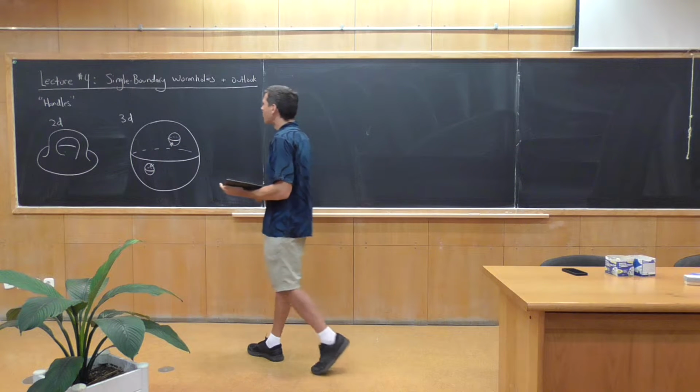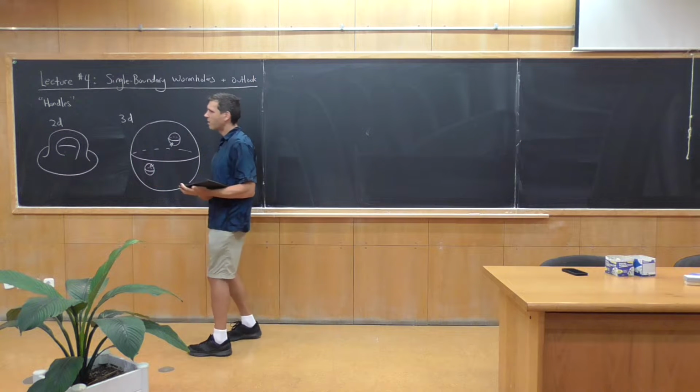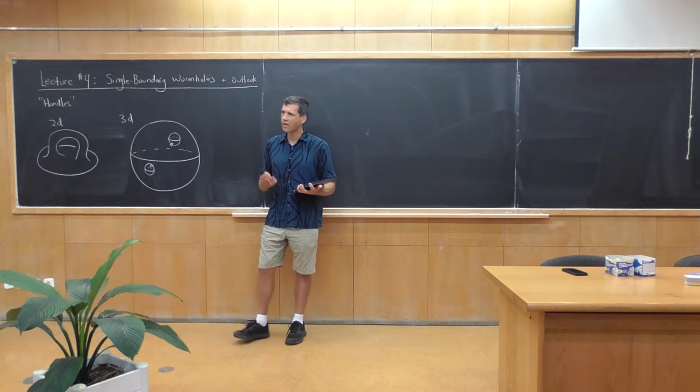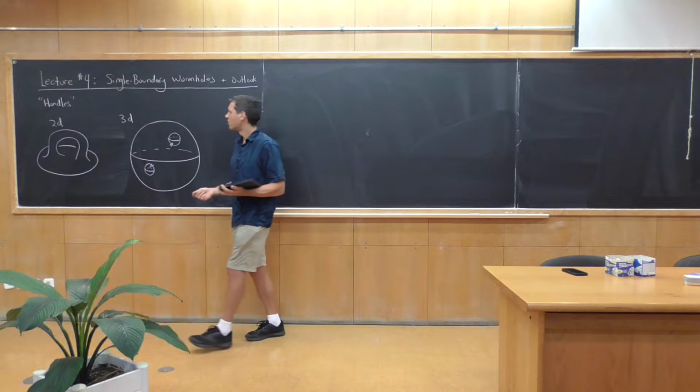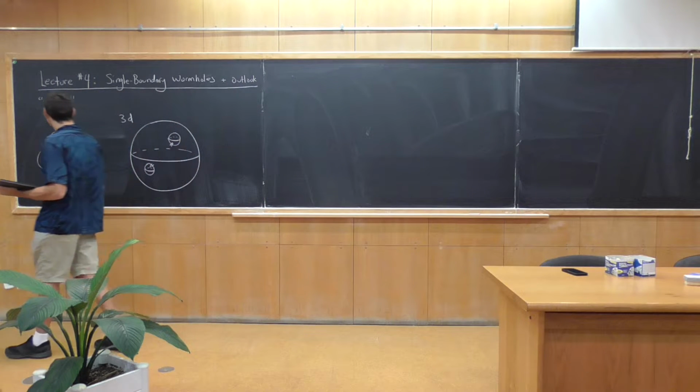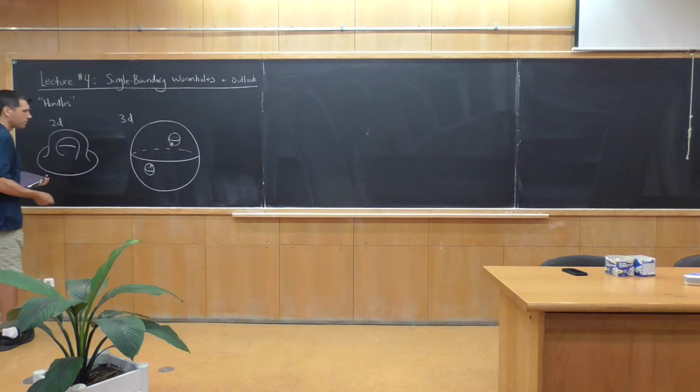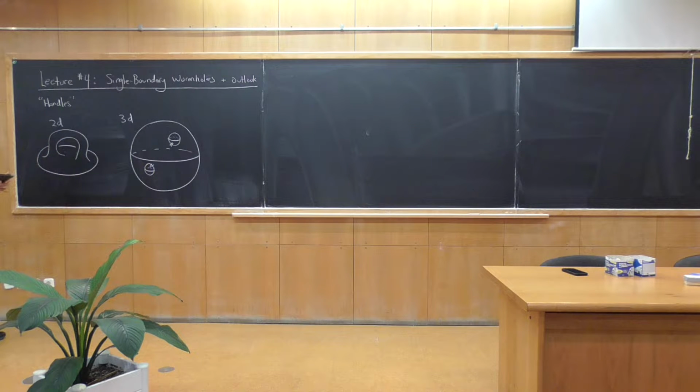So by a single boundary wormhole, I mean higher topology configurations with ordinary AdS boundary conditions. So these are geometries that you might call handles. In 2 dimensions, they're easy to draw. This is an example of a single boundary wormhole in 2 dimensions, just a handle. It's a higher topology contribution, in this case to the thermal partition function of the 0 + 1 dimensional boundary theory.